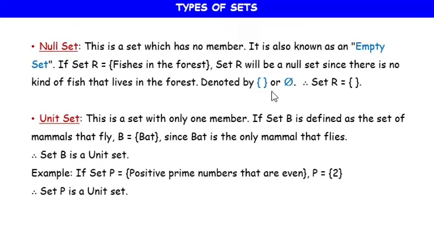That is how we denote a null set. So it means that here our set R will be equal to the two empty curly brackets or the symbol here.